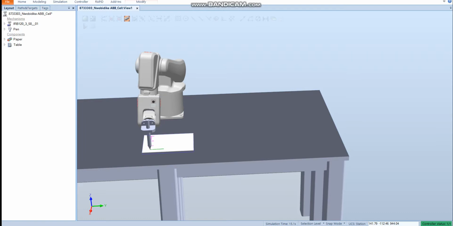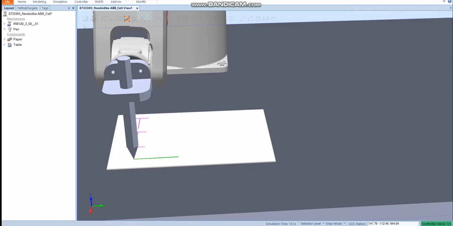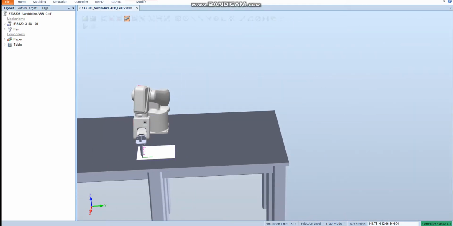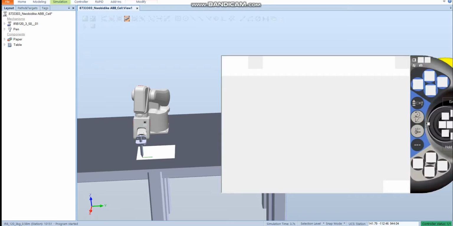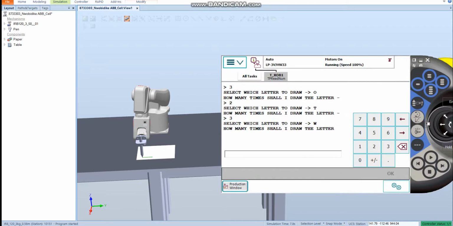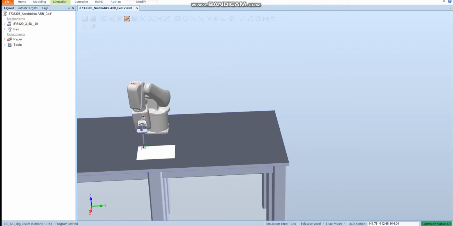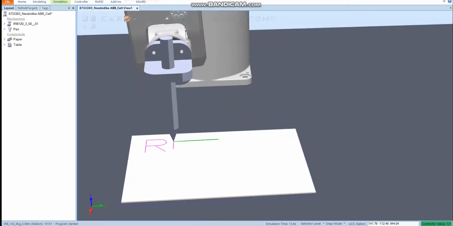If it's a single letter, it's going to be written vertically, and it's offset in the y direction, in the y axis. And now let's try to write the full word robot. Now we're going to pick W and say we're going to write the word three times like we saw earlier at the beginning of the video, and it's going to write the full word for us here, robot.